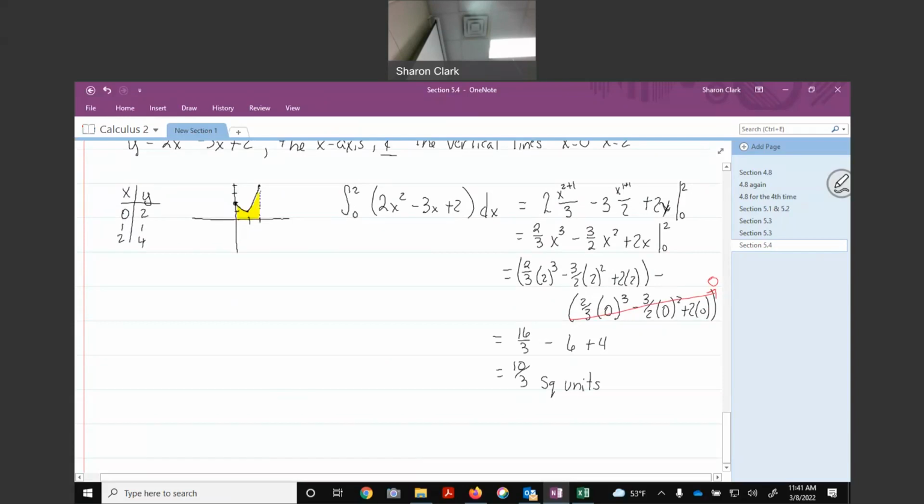And that is the area of the shaded region, the yellow part. It's not even. Depends on how big you draw it. Oh, 10 thirds. It's 3 1/3 square units.